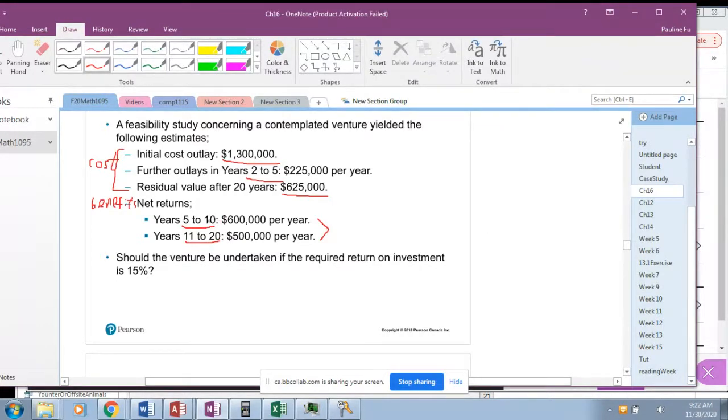Because the benefit starts from year 5 to year 10, each year you have 600,000. So step 1, you calculate the present value at this point of this annuity.